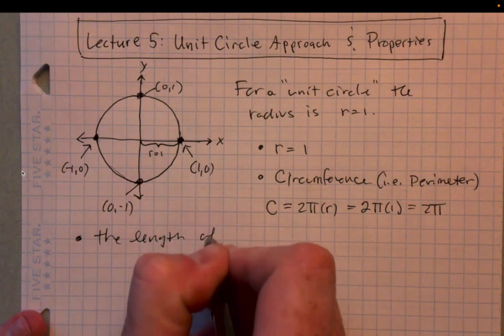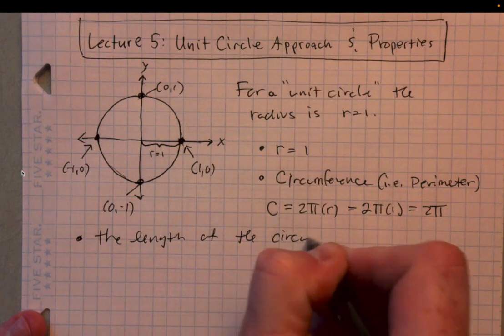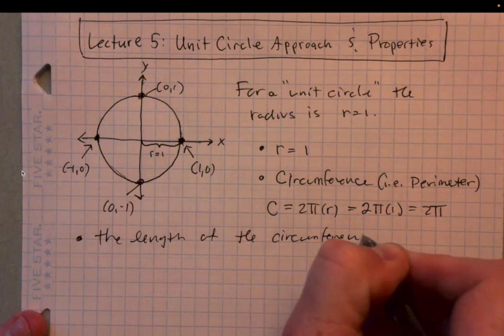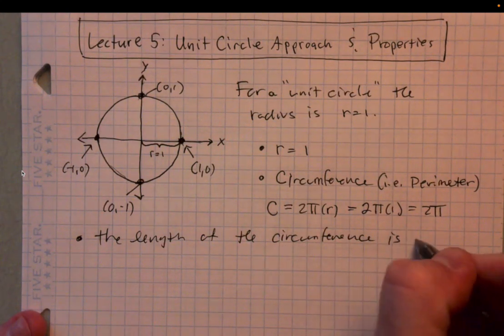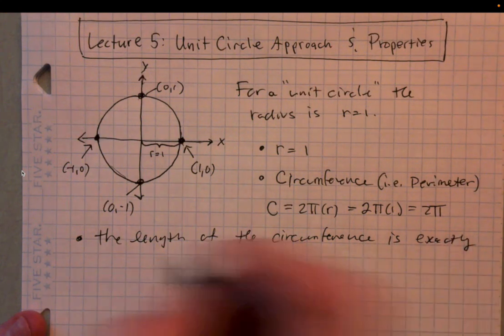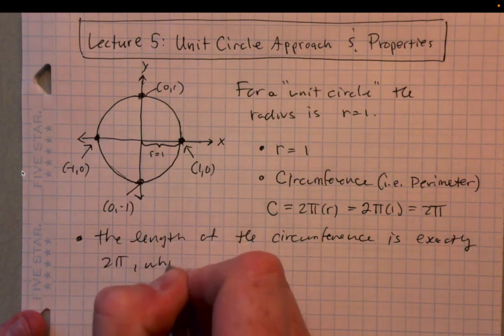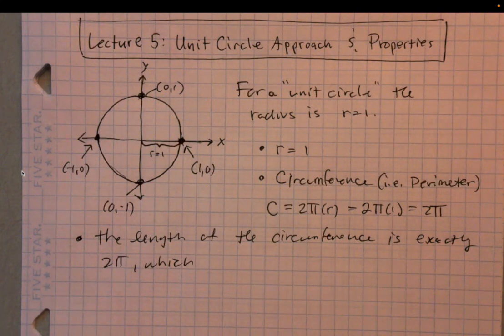Now this circumference equaling 2 pi is nice because the length of the circumference is exactly 2 pi, which is also the radian measure of the central angle.